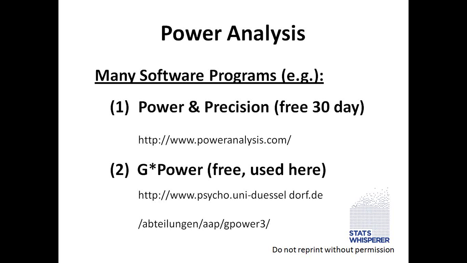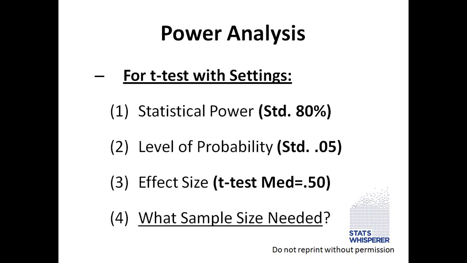And that'll ask you just to specify the test. You put t-test, and you'll say statistical power is 0.80. Probability or alpha, that's one of the programs where it says alpha, right? It's right underneath it. It's 0.05. And then it even lists the effect sizes for the test. And so you'll say the effect size.